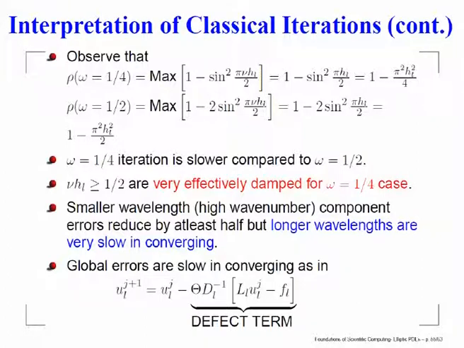What does it mean? It means that you can solve the problem with a coarser grid. The moment you go over to a finer grid, h_L comes down and your rho comes closer to 1. That means your error reduction ability comes down.